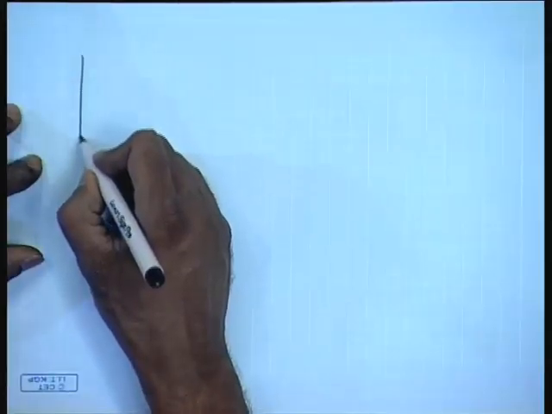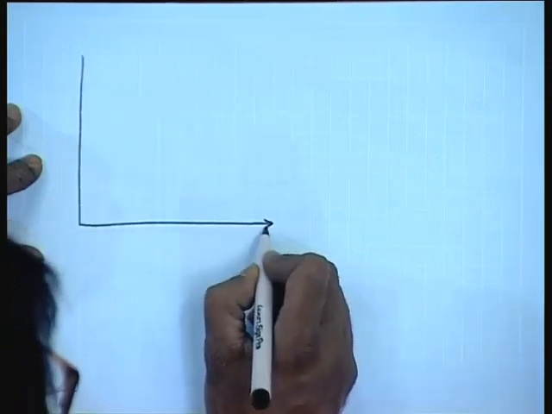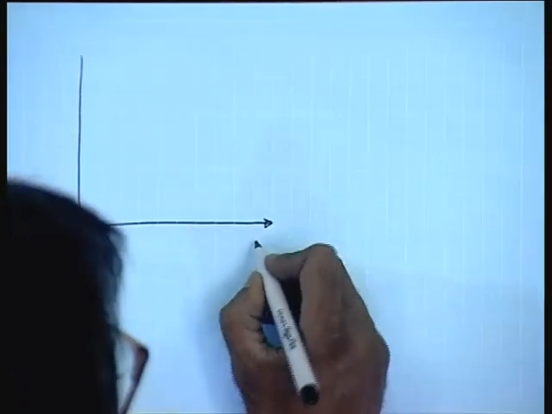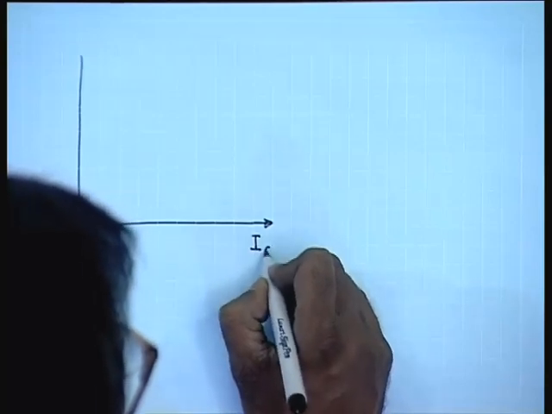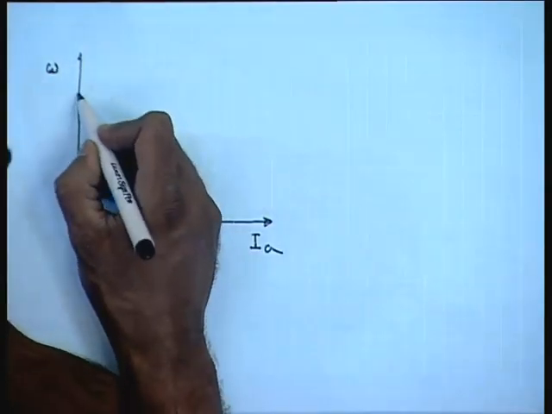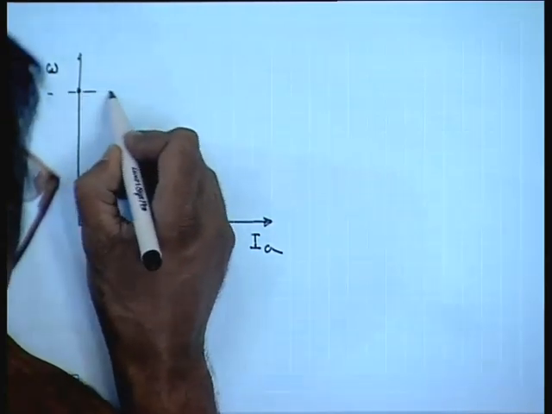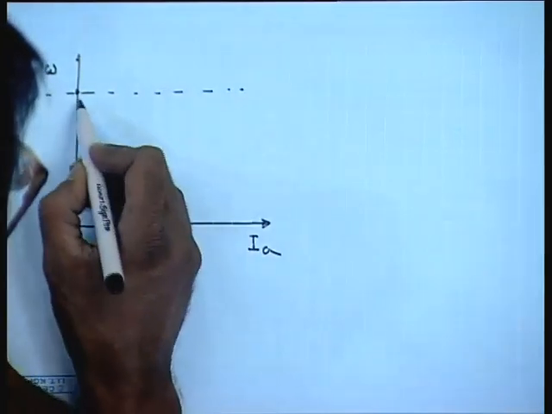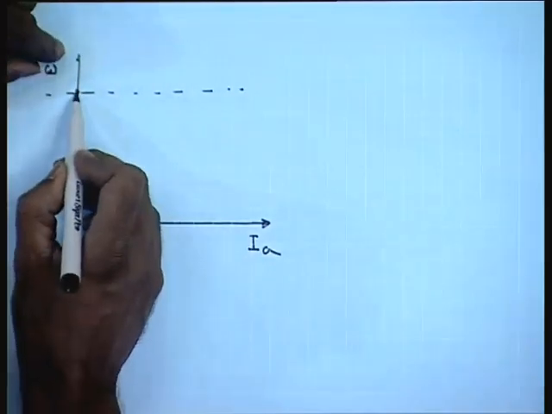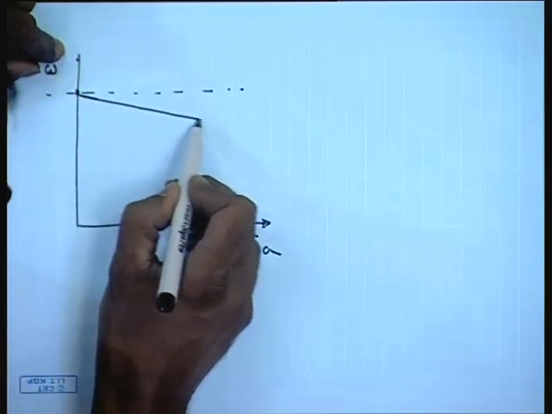Suppose I draw the current Ia versus speed, at no load current is 0. If we neglect armature resistance, then armature reaction, then as the speed decreases the current increases linearly.